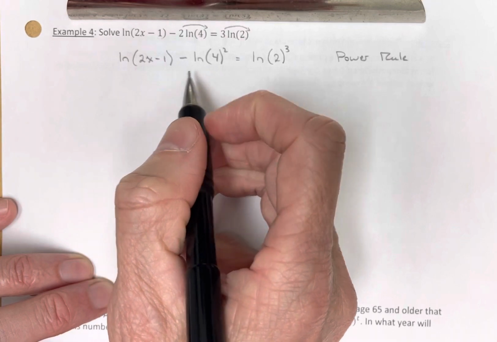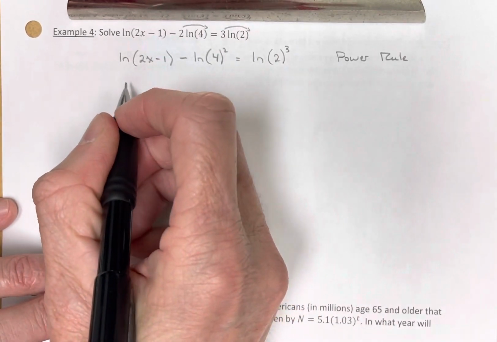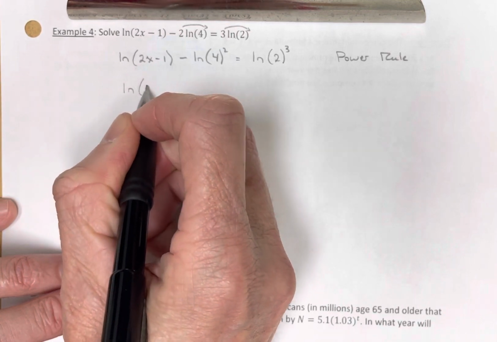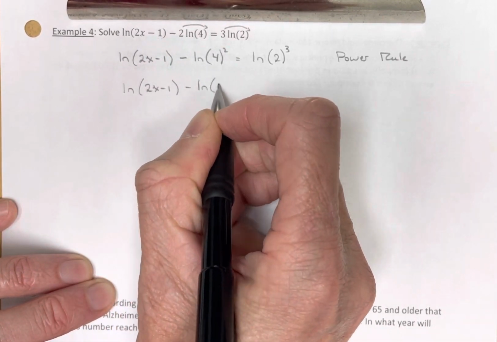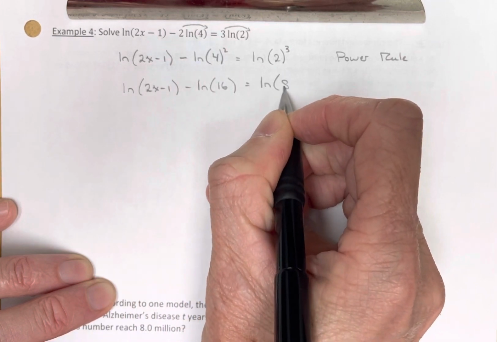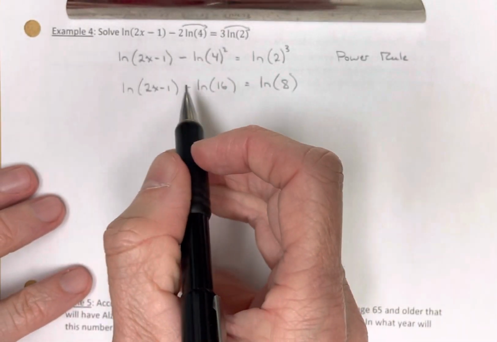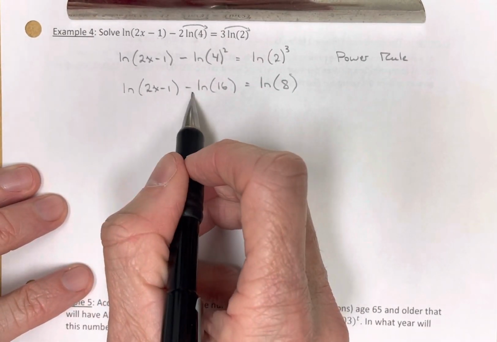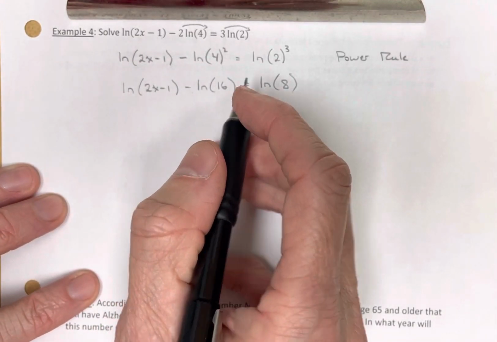Okay, now I'm going to go ahead and simplify these two and just make them numbers. I'll leave them as natural logs, but 4 squared is, of course, 16, and 2 cubed is, of course, 8. Looks a little nicer. Okay, now I have a difference of logs, and that is the quotient rule or the quotient property.